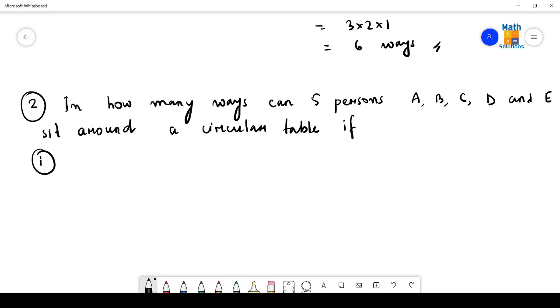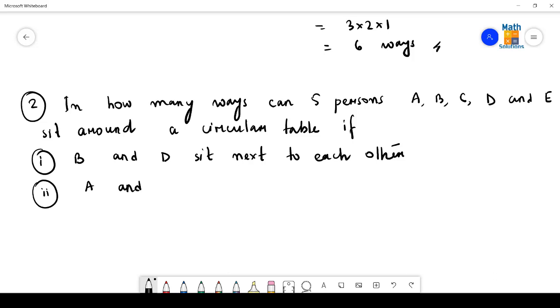First, B and D sit next to each other. Second part is A and D do not sit next to each other.